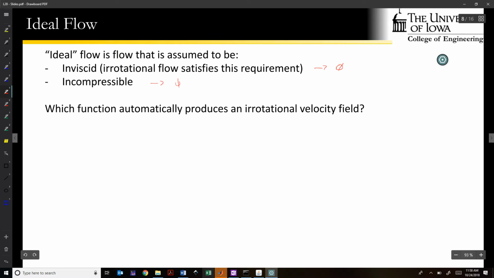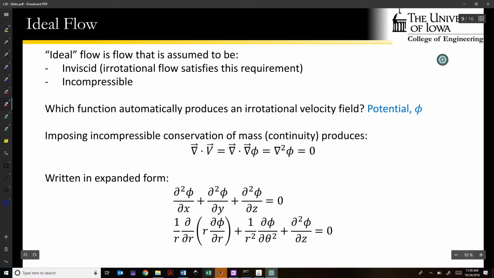I'm going to focus on the velocity potential. This is the one I think is the more useful of the 2 functions generally. And so we say which of these 2 automatically satisfies irrotationality. We've got the potential function phi. If we then said, okay, now we want to impose another condition on phi that says it has to be incompressible. How do we do that?